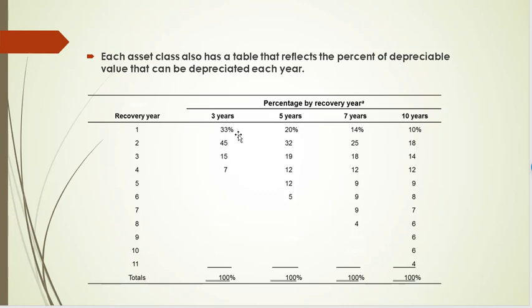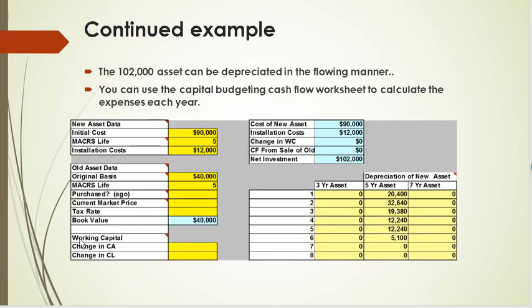So we have a half year, full year, that's 1.5, that's 2.5, that's 3.5 years worth of depreciation. So don't get fooled by thinking that a 3-year asset's only depreciated for 3 years. It's actually depreciated for 4 years based on what's referred to as the half-year convention.